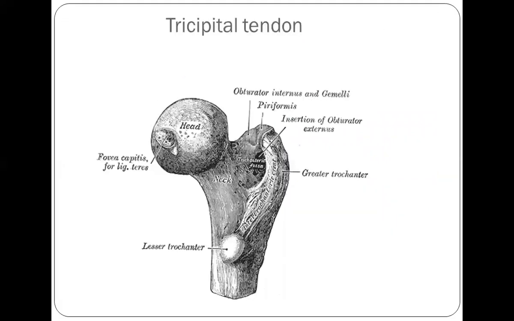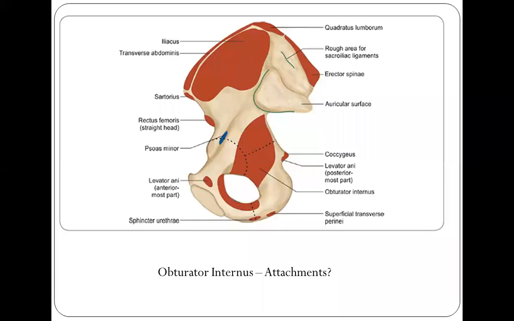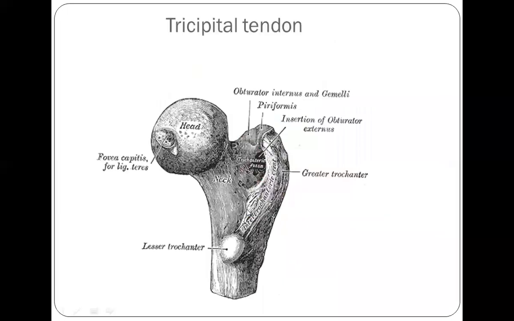Anyone with the answer? Origin of obturator internus. Yes, obturator membrane. Pelvic surface of the obturator membrane, along with adjoining bones also. The obturator membrane along with adjoining bones gives origin to obturator internus.